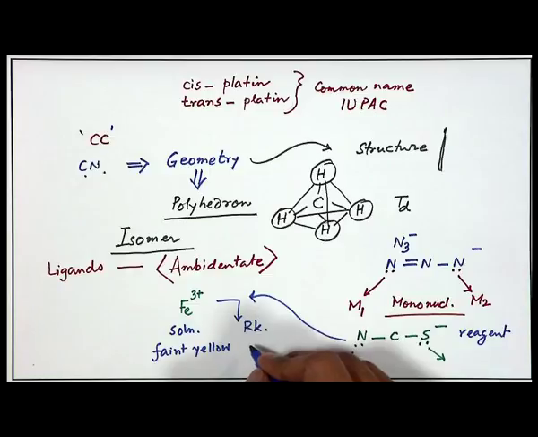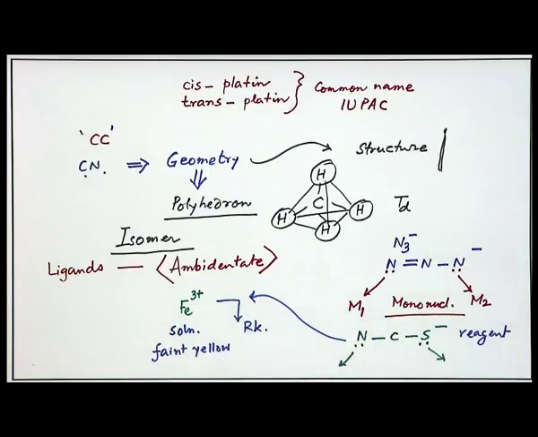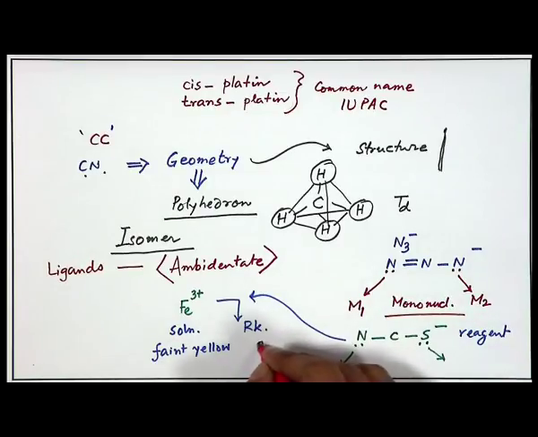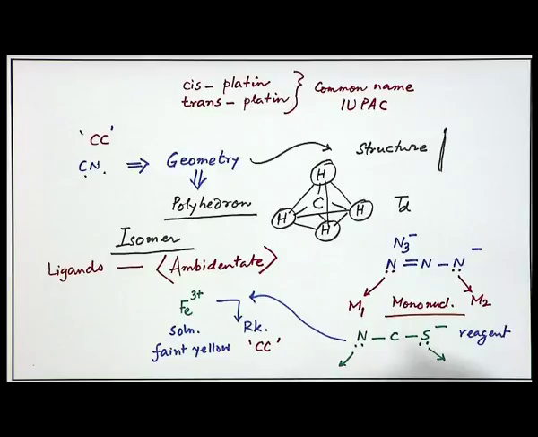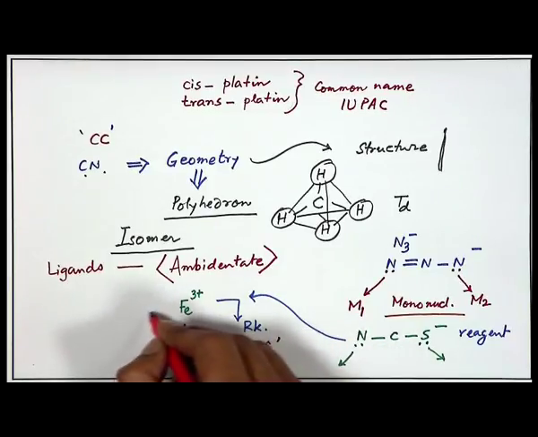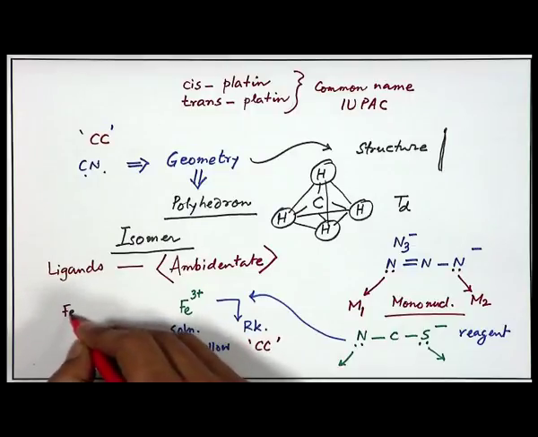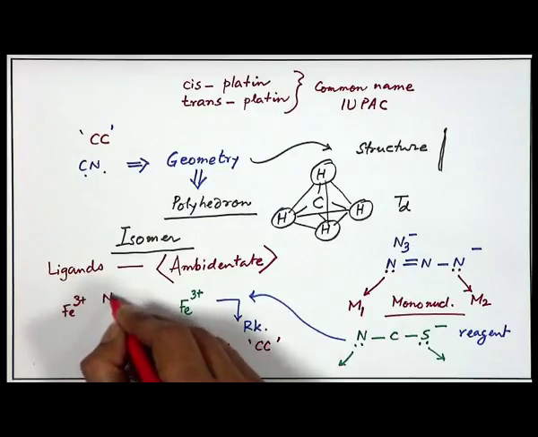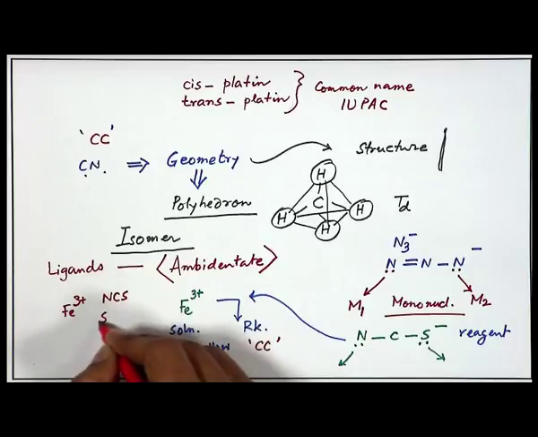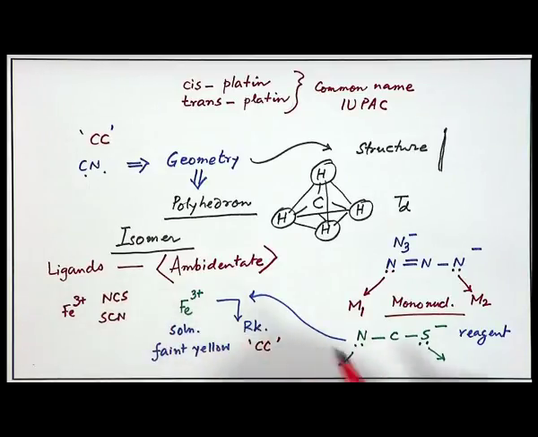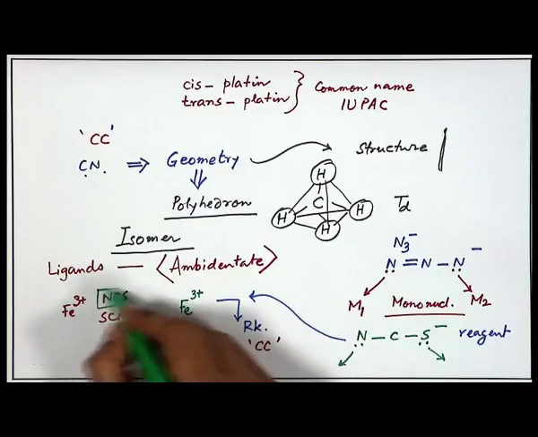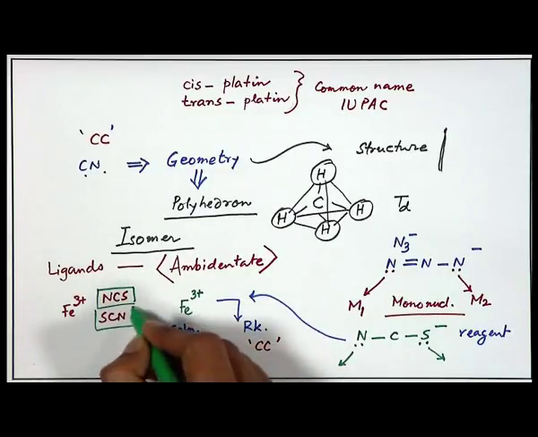We just look at the change in the color, and this color change is due to the formation of the coordination complex. So, this iron will have the option: either Fe3 plus is coordinating to NCS or it can coordinate to SCN. So, either it can bind through nitrogen or through sulfur.